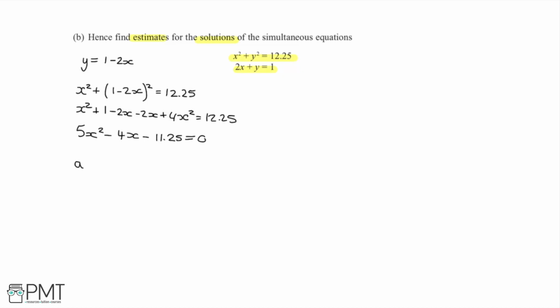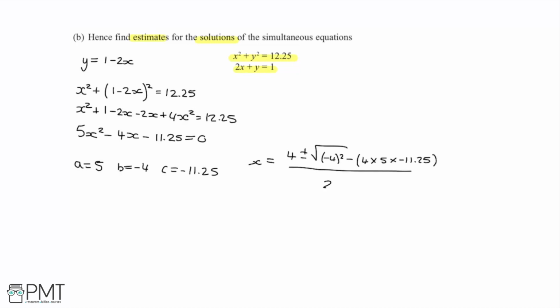So if I have a is equal to 5, b is equal to minus 4, and c is equal to minus 11.25, then we have x is going to be equal to minus b, so minus minus 4 gives us positive 4, plus or minus the square root of b squared, so minus 4 squared, minus 4 lots of a, which is 5, times c, so minus 11.25, and that's all going to be over 2 lots of a, so 2 lots of 5.